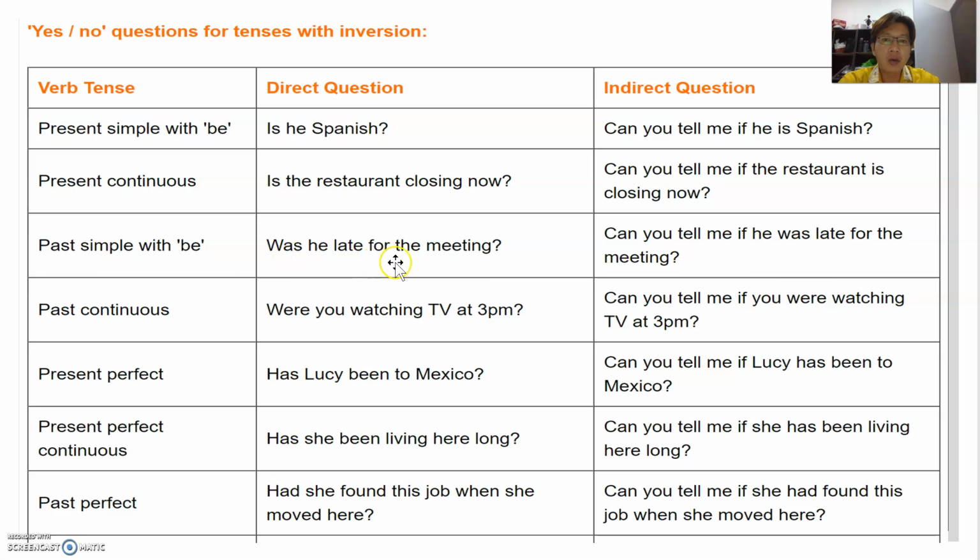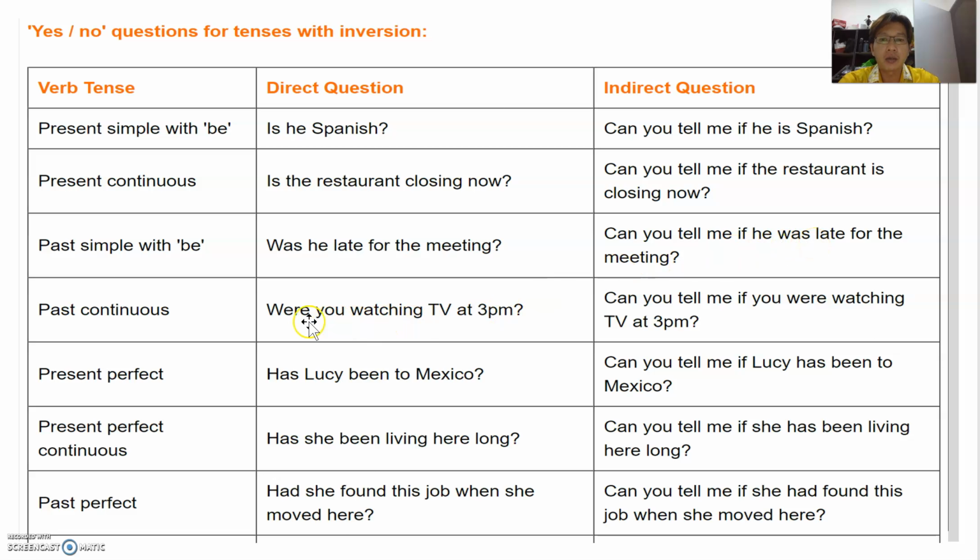Was he late for the meeting? Can you tell me if he was late for the meeting? Okay, you see? Can you tell me if he was late for the meeting? Look at the order of he was and was he. Meaning, we change the order was he to he was in indirect question.